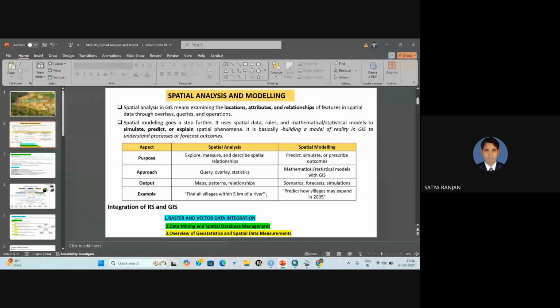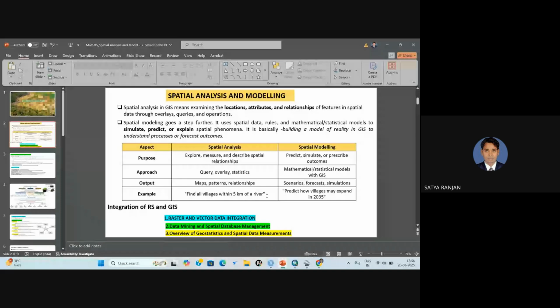Likewise, we can predict. If some construction is going on for different projects, then growth may be possible in other directions also. This type of prediction is possible with different models.